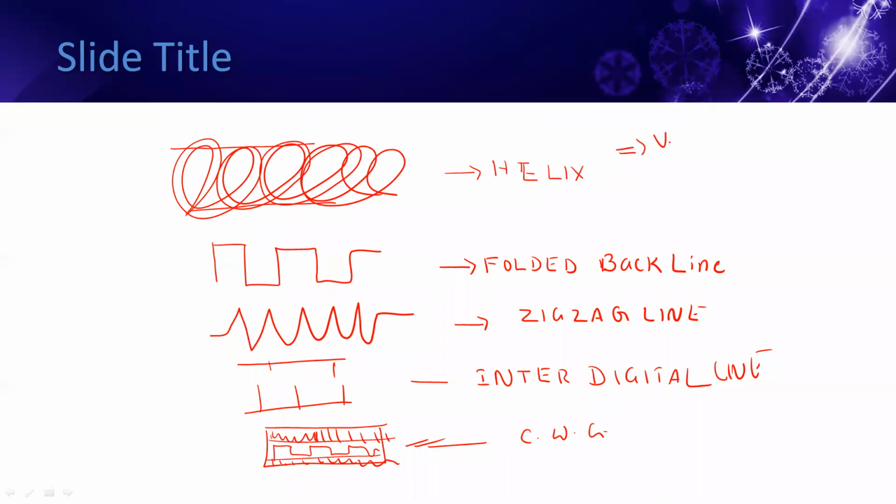Yesterday we saw that the velocity is c times pitch divided by pi d, which is the very popular design equation for this type of slow wave structure.